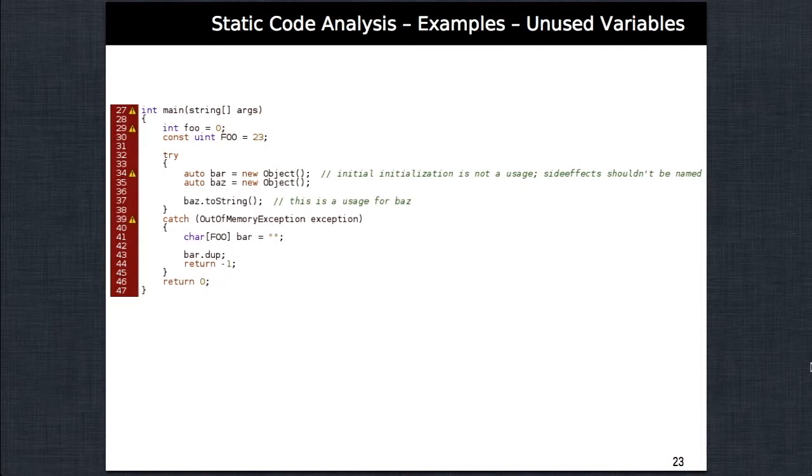So you get an error message, a warning. You have the int foo, which is initialized, but not used at all, so you also get an error message. You have the bar, which is also not used. And here in the try catch block, you have the out of memory exception with the exception identifier. You do not refer to it, so you also don't need to write it here.